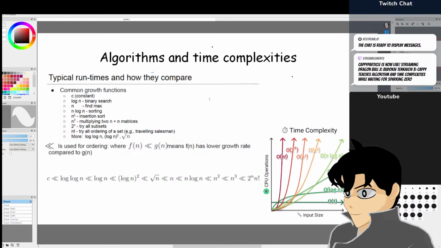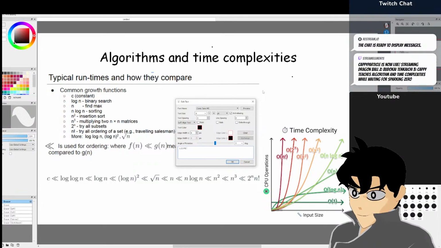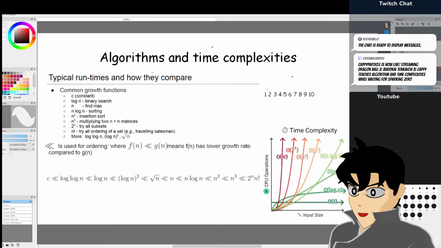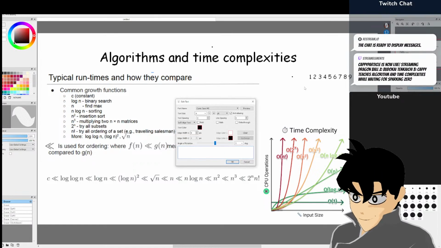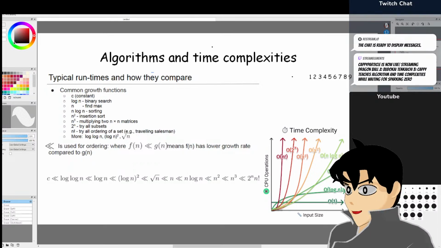I probably shouldn't have gotten rid of it, now I'm thinking about it. So we have this, then we have, actually, let me just duplicate that.